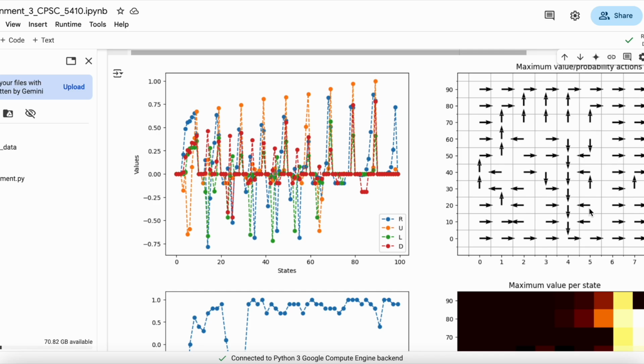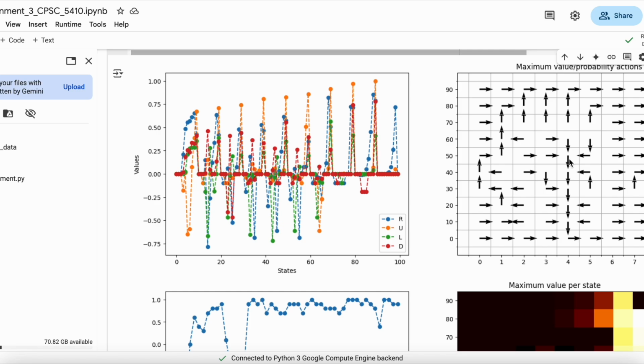More specifically, the graph indicates the best action to take in each state. For example, for the state I showed you, it prefers the down action because it's the most rewarding.